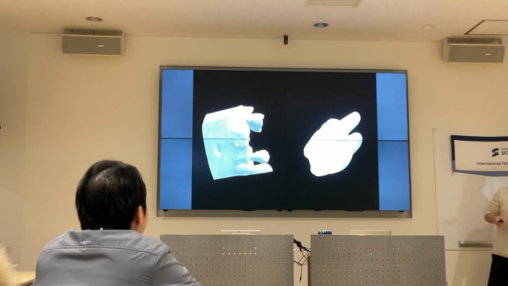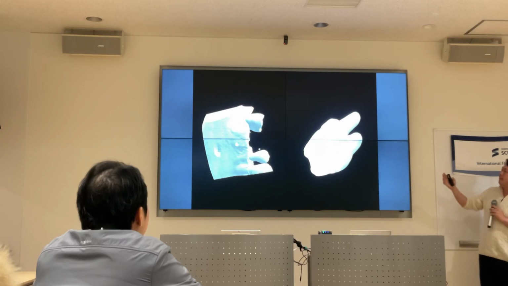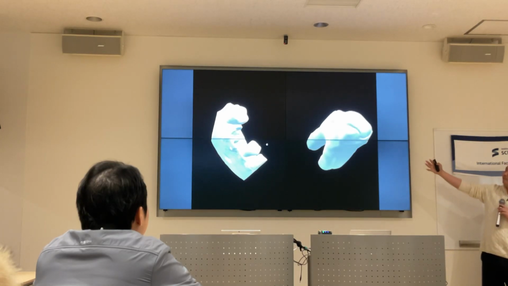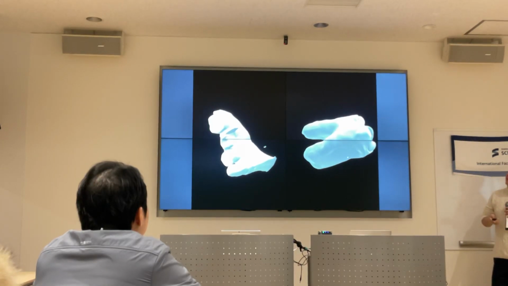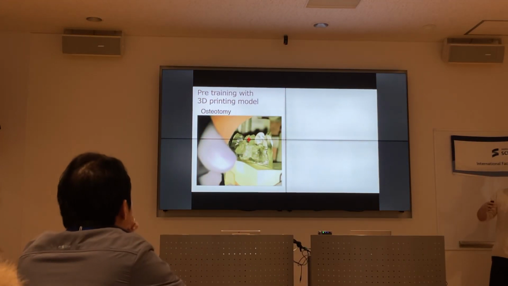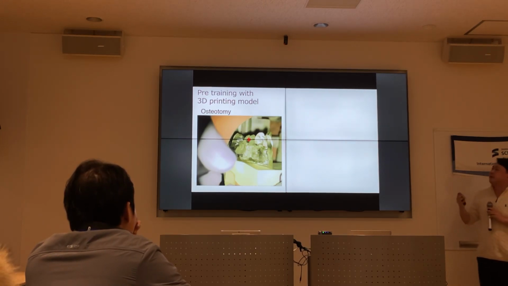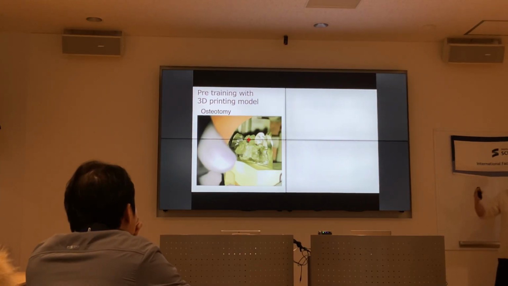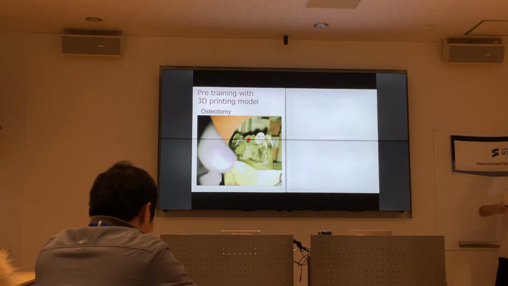This is imaging of root position. Then after that, from the CBCT image, I made STL data and made a 3D printing model like this. Then before the surgery, I trained with 3D printing models using the same instruments and under the microscope.